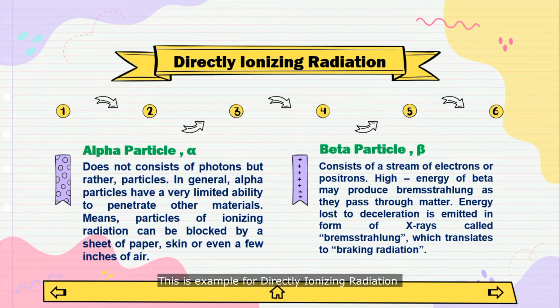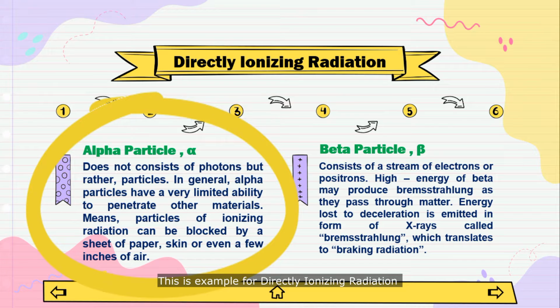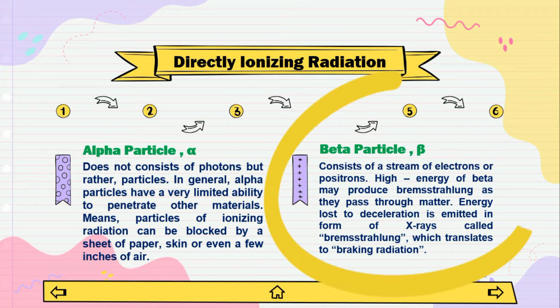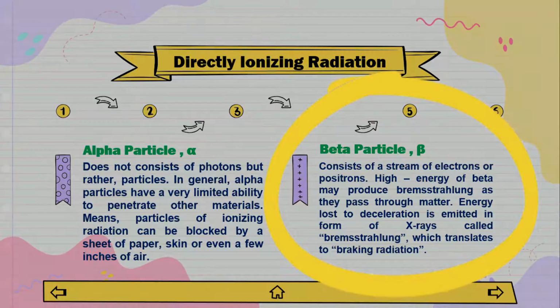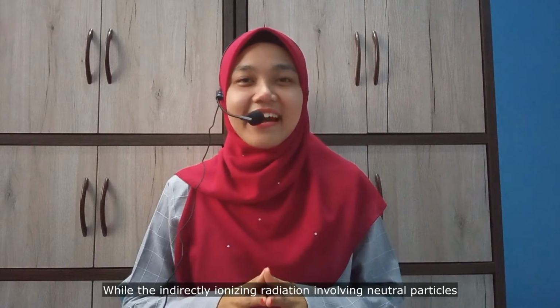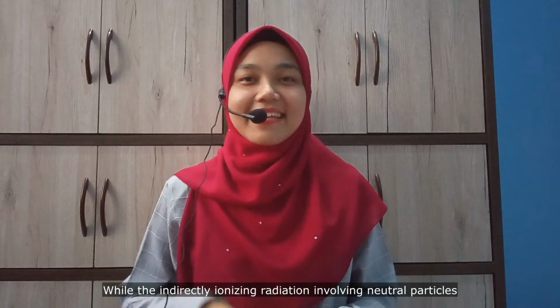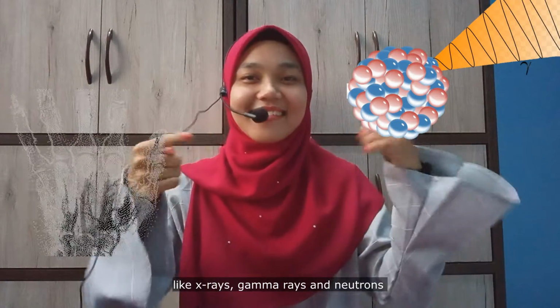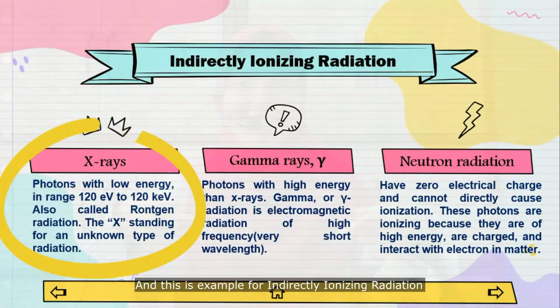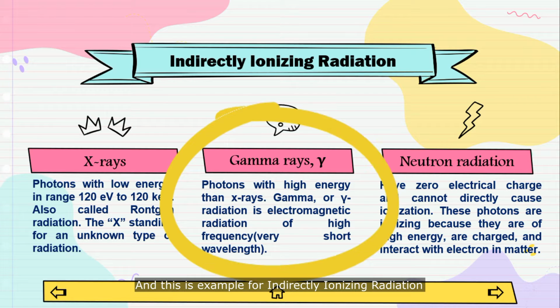This is an example of directly ionizing radiation. While indirectly ionizing radiation involves neutral particles like X-rays, gamma rays, and neutrons. And this is an example of indirectly ionizing radiation.